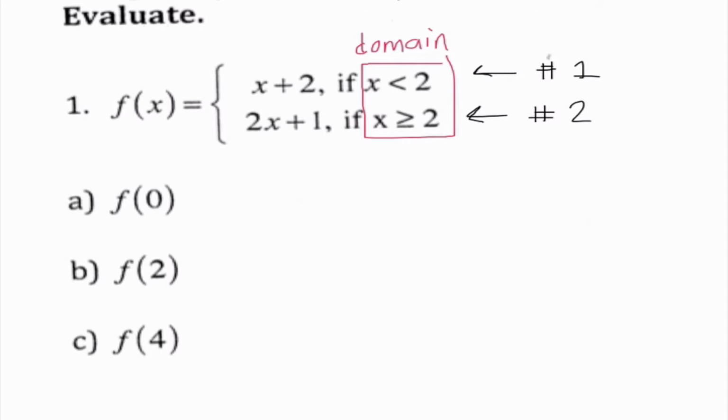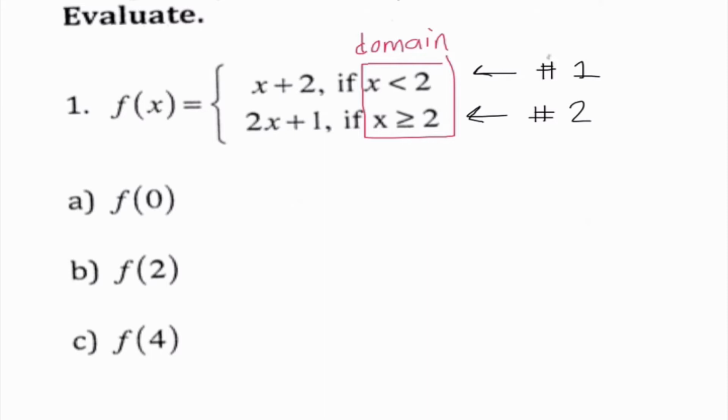When I look at this first example, f of 0, we need to determine which domain 0 fits into. Is 0 less than 2? Or is 0 greater than or equal to 2? We know 0 is less than 2, so I'm going to substitute into this top equation only. I couldn't care less about this other equation.